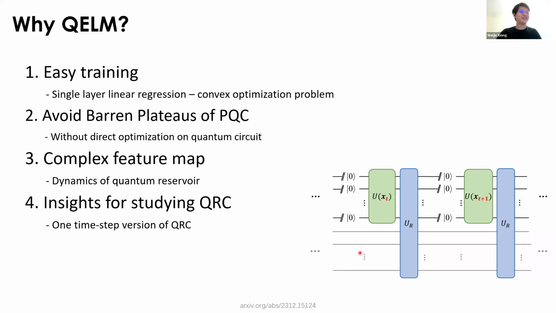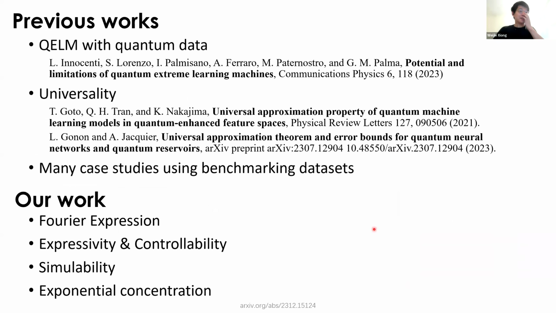In general, QRC will reinitialize the accessible space and upload the data corresponding to the next time point on the accessible qubits, and then evolve the system again. So if we understand the QELM, then maybe we can extend the results to QRC, and this is our ongoing project.